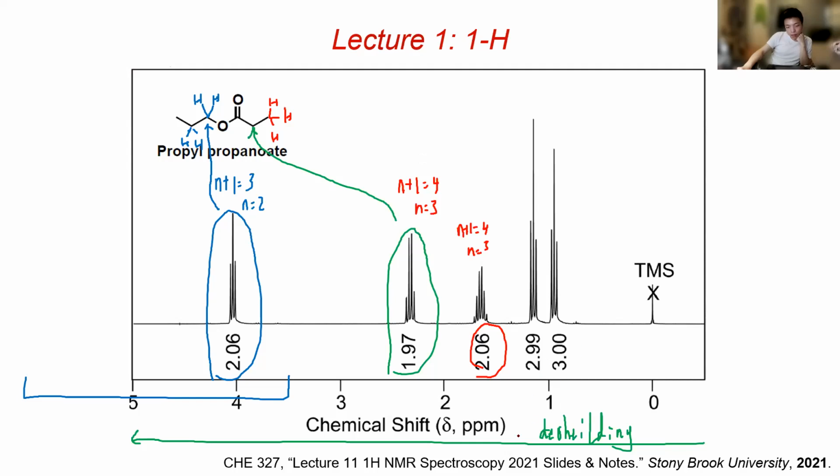But yeah, it's upfield, and we can correspond this to this one, which has an integration number of 2 hydrogens, 4 hydrogens. Actually, sorry, n is equal to 3, so there's 3 hydrogens.